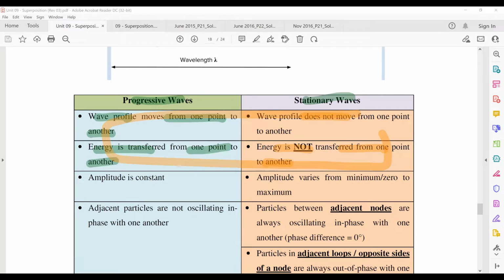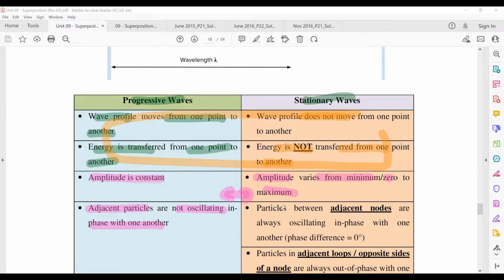For progressive wave, the amplitude is constant for all the particles, and adjacent particles are not oscillating in phase with each other. For stationary wave, the amplitude varies from a minimum of zero to maximum.